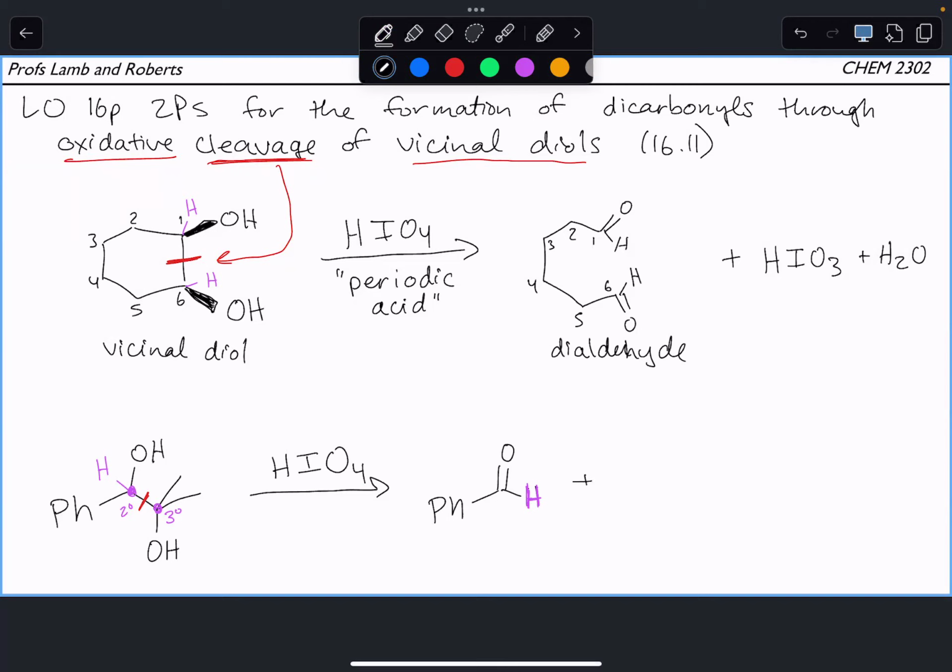And then we're going to draw the right side and oxidize that. So our secondary alcohol, again, turned into an aldehyde. But now our tertiary alcohol turned into a ketone.